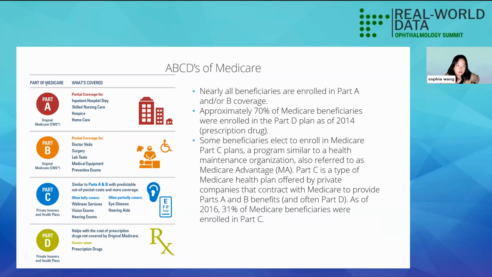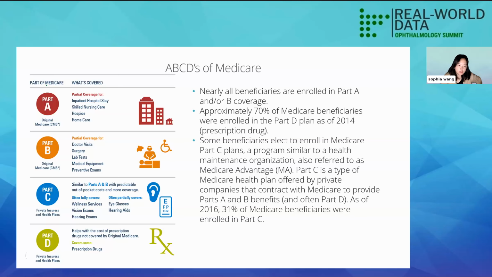This database is a little bit special because of the way that the Medicare coverage is structured. There are different parts to it, and nearly all beneficiaries are enrolled in Part A or B coverage, which covers inpatient hospital stays in Part A, and then partial coverage for doctor's visits and outpatient data in Part B. And about 70% were enrolled in Part D, which covers prescription drug medication.